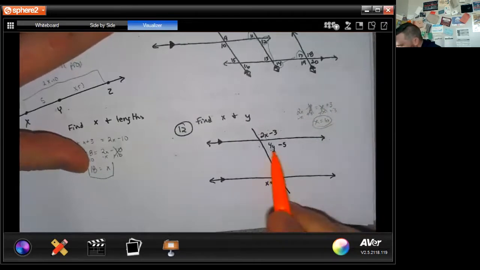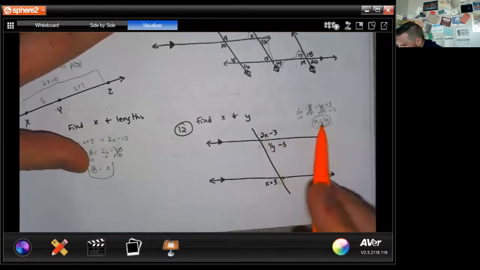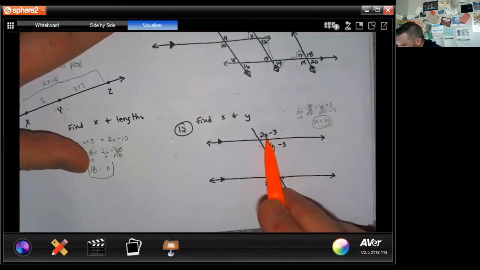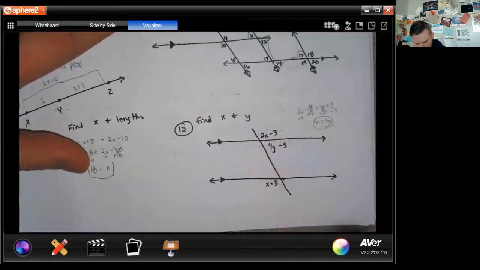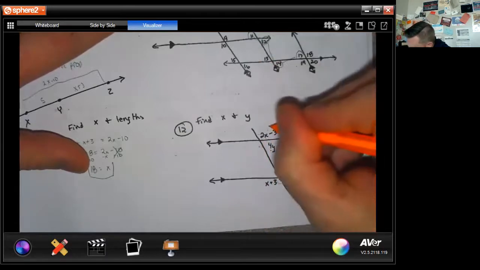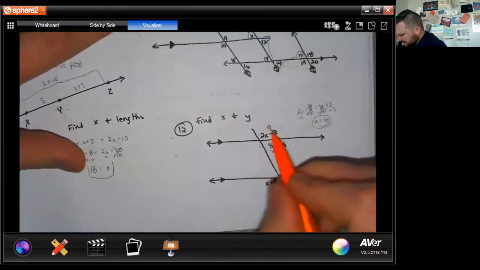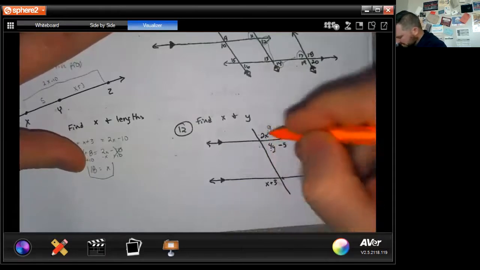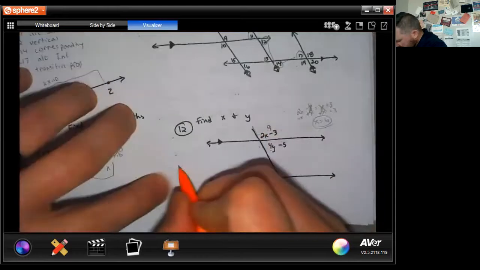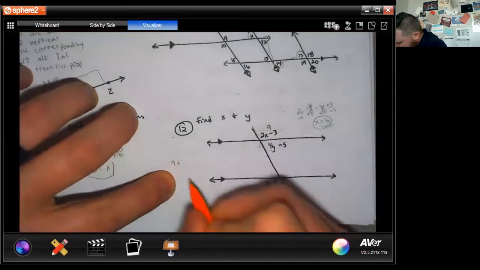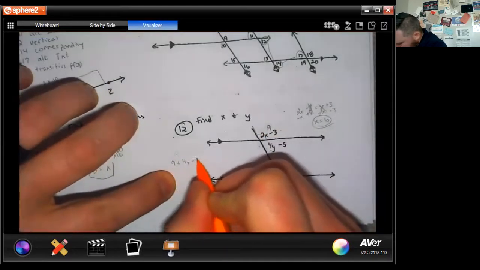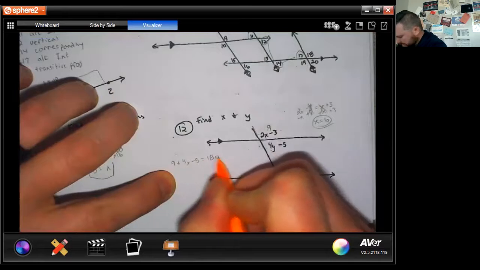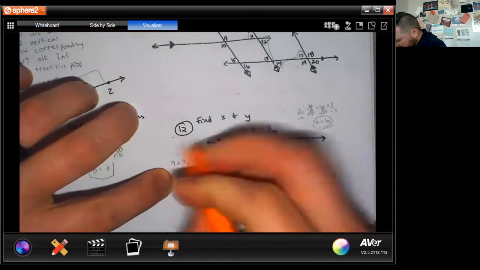Okay, now these two angles add up to 180. So I'm going to take 6 and plug it in here. So 2 times 6 is 12. 12 minus 3 is 9. Okay, so if I take 9 plus this, it'll equal this straight line of 180 degrees. So 9 plus 4y minus 5 equals 180. Okay, so 9 minus 5 is 4.